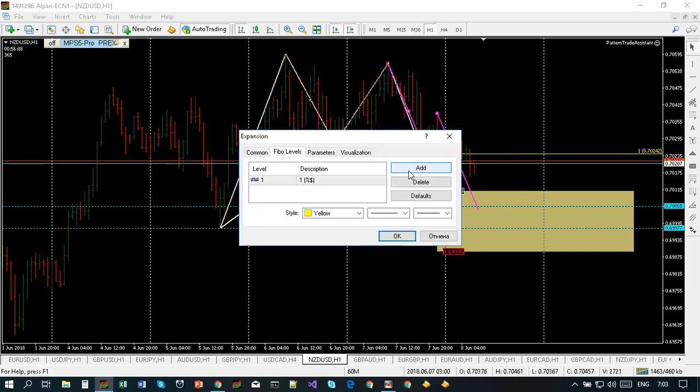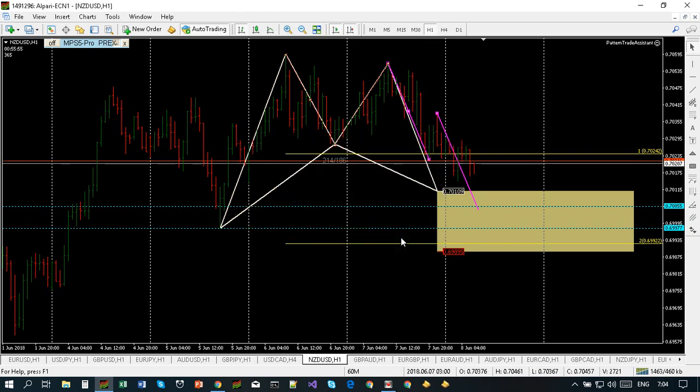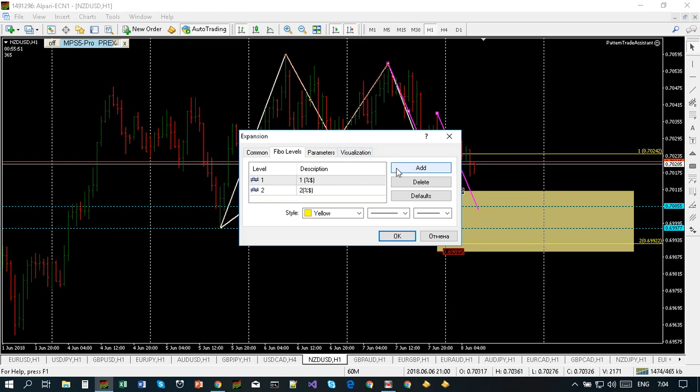Go to expansion properties. I think we should add level 2, twice larger. Oh, it is very far away. Then we should enable 161.